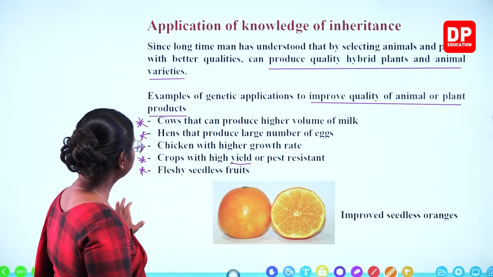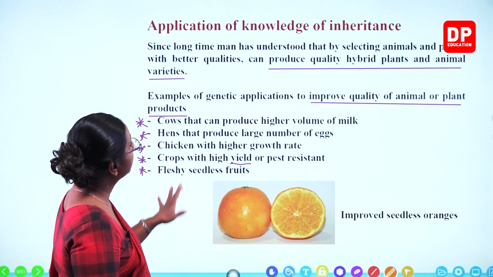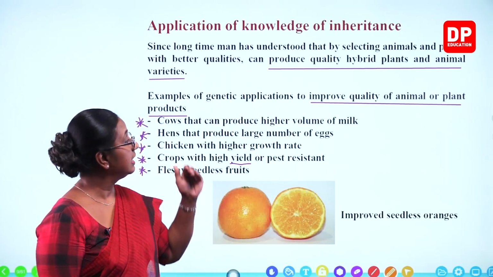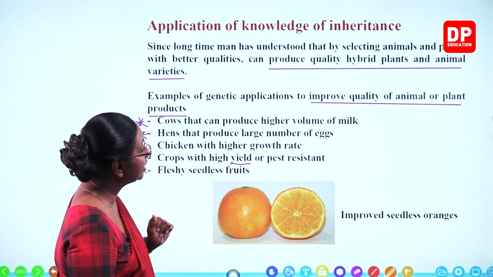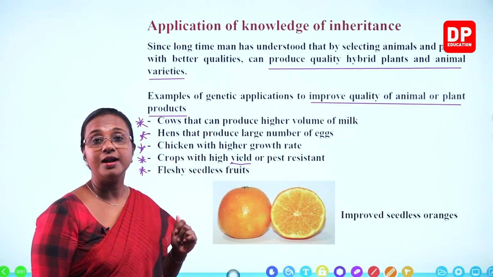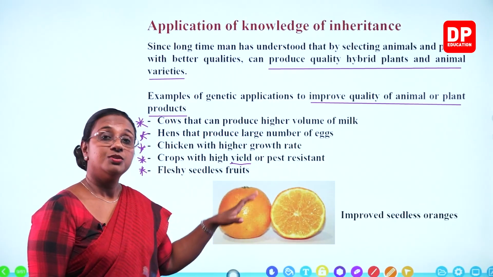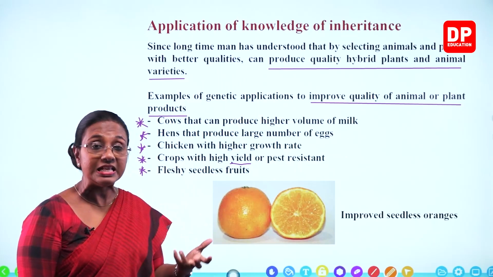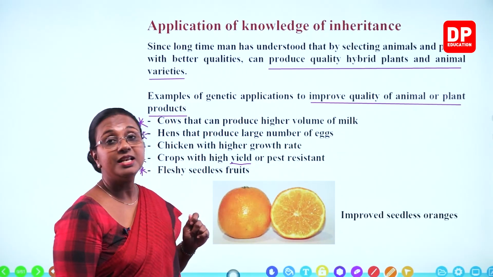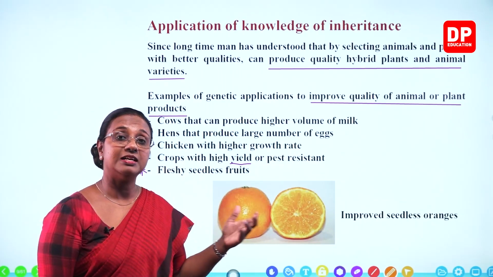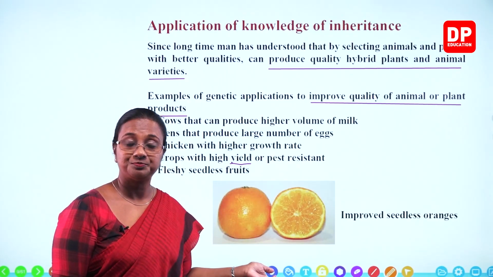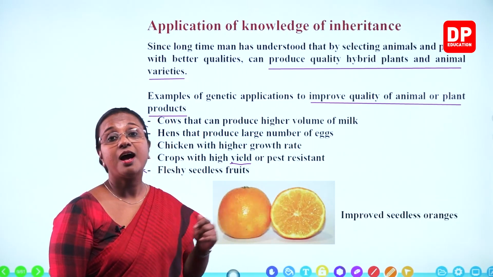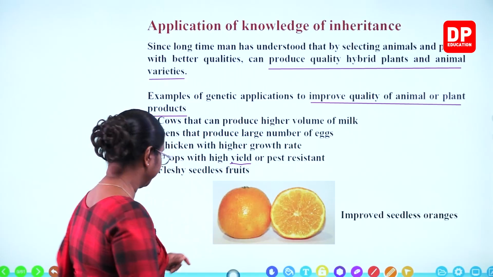So that is possible because of the knowledge of inheritance that was used to improve the quality of animal or plant products. So under this, we will be discussing some of the fields in which the knowledge of inheritance is utilized. So with that, students, I will move on to the next slide.